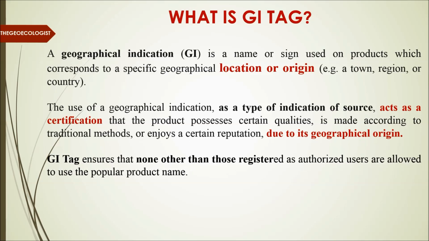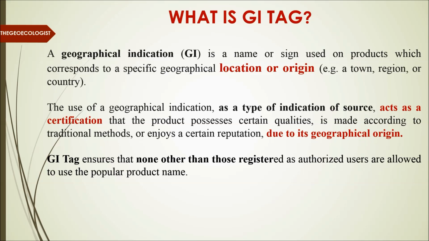A GI tag ensures that only those who have registered it, who have got this tag, can authoritatively use that product name. If there is a product name X which has been registered by somebody specifically, then that person alone is authorized to utilize that particular name. So it basically corresponds to a business of those geographically originated products, right?